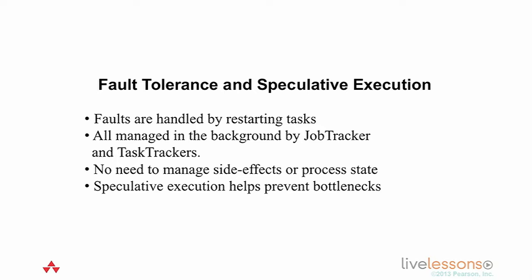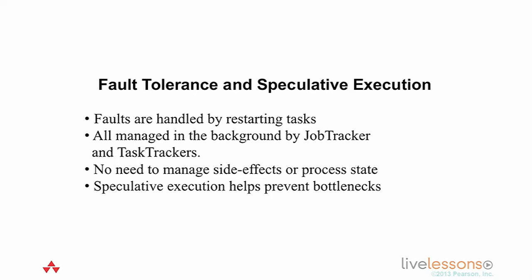And as you recall, there is a master called a job tracker that is basically a task master, in a sense, that's going to decide what happens where and what work gets done where. On the nodes, we have our task trackers. And should a task tracker stop communicating with the job tracker, well, then the job tracker is going to assume that something's happened to that node.